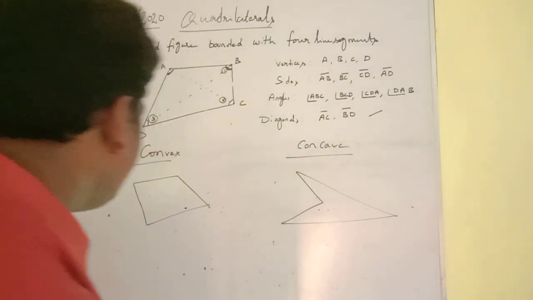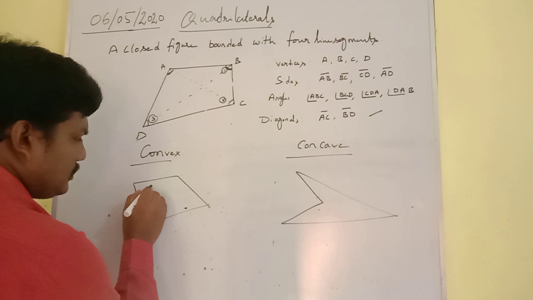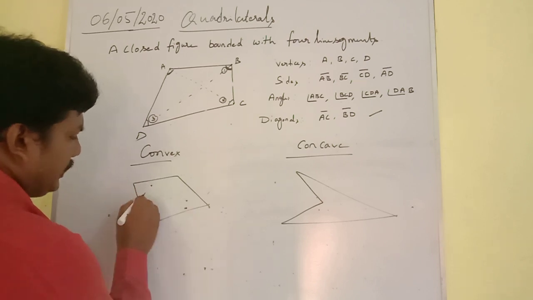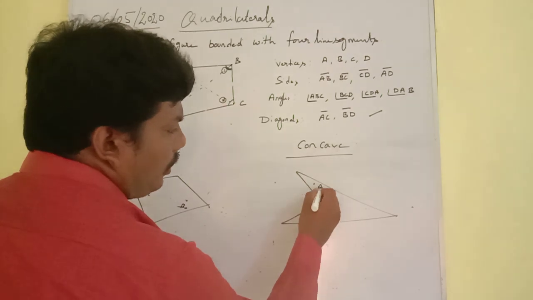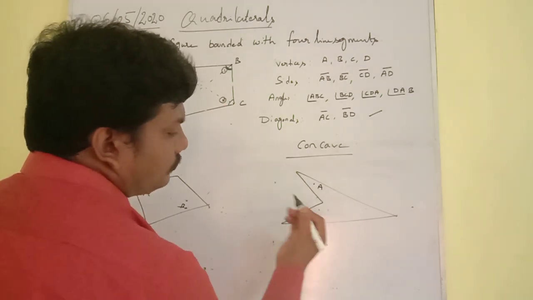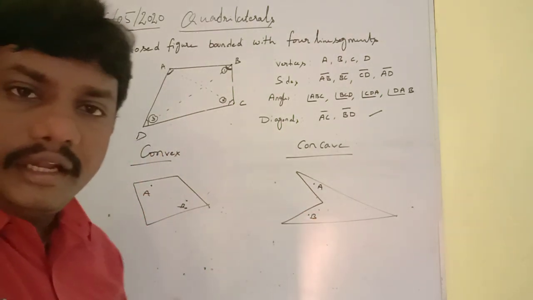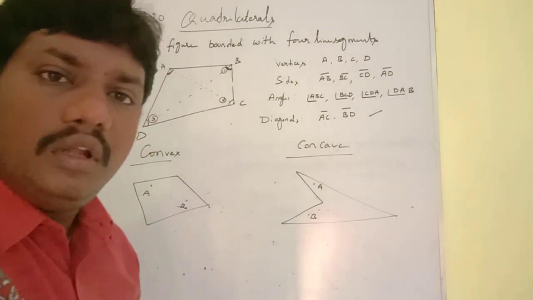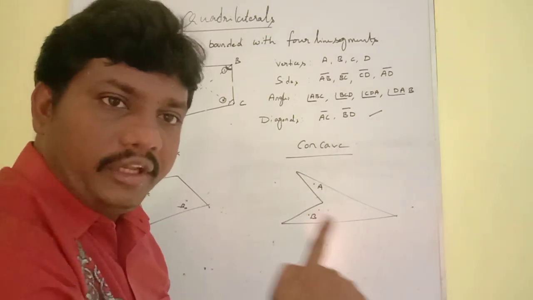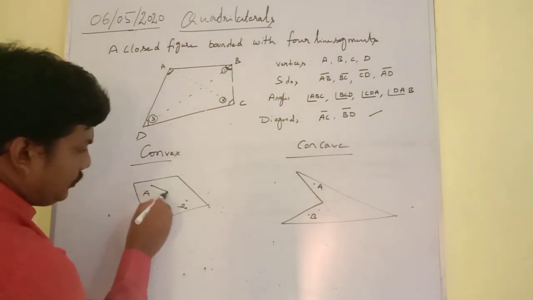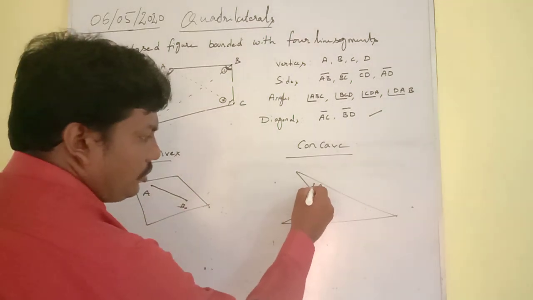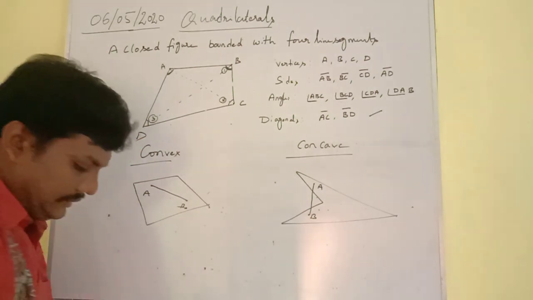If you take any 2 points, A and B, so here also you can take A and B, and also the line segment joining these 2 points.